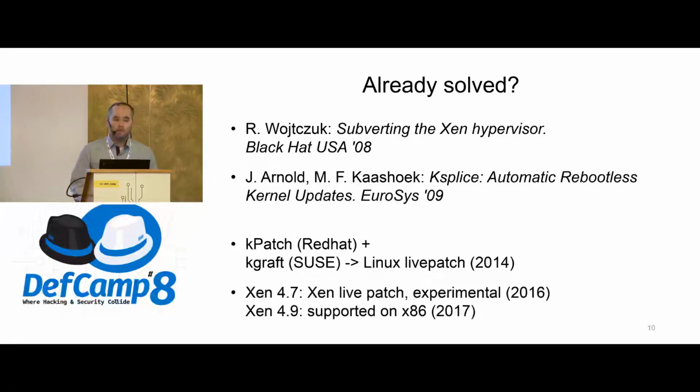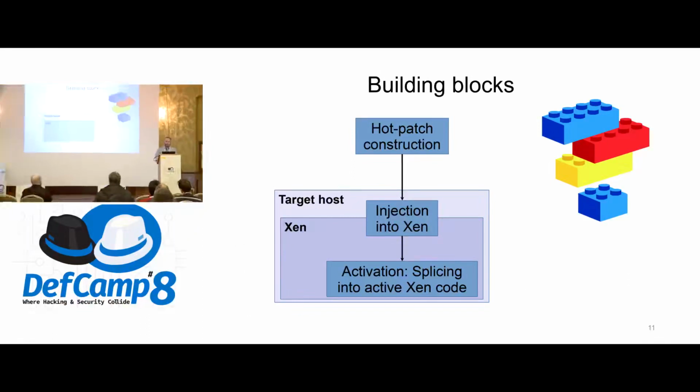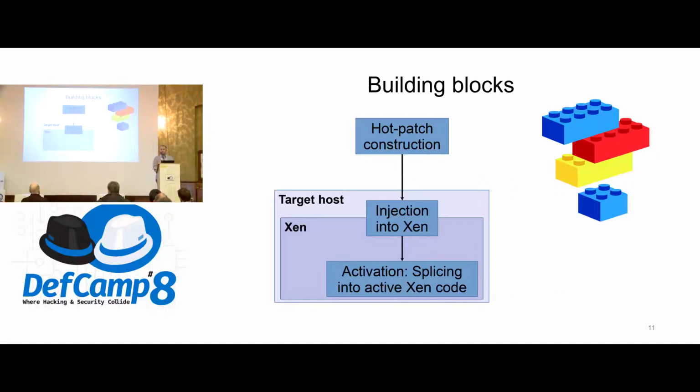So, if you want to build something like that, what basic blocks do you need? We identified the 3 main blocks that you need, and these are roughly in order of use. The construction phase, where you actually take the source code patch and transform it in some way into the binary patch that you eventually load in the system. Then you need to bring that build artifact onto the target machine, and you need to inject it into the target address space, the Xen hypervisor in this case.